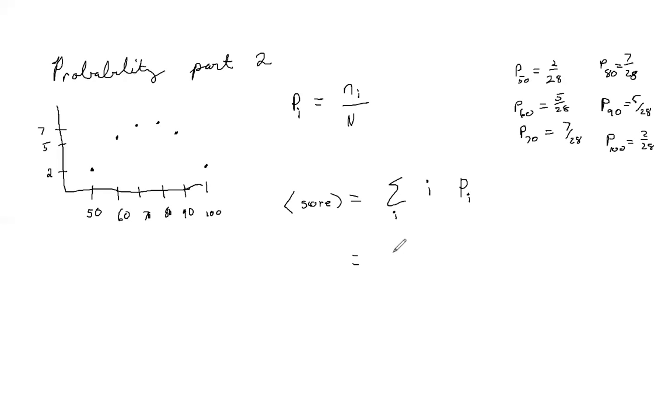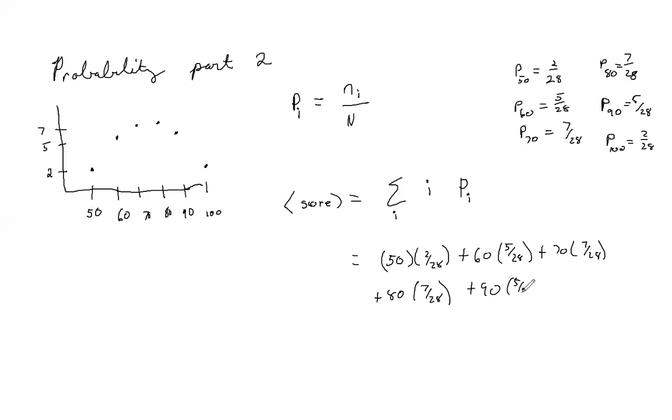And sure enough, if we evaluate this sum, we would get 50 times 2/28 plus 60 times 5/28 plus 70 times 7/28 plus 80 times 7/28 plus 90 times 5/28.